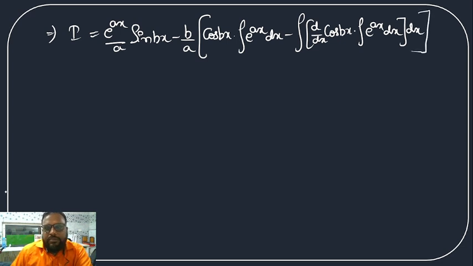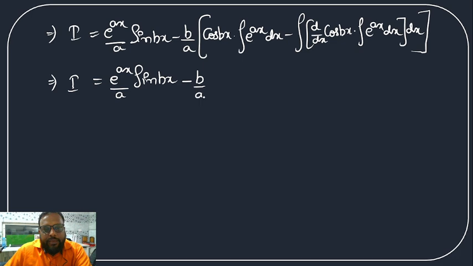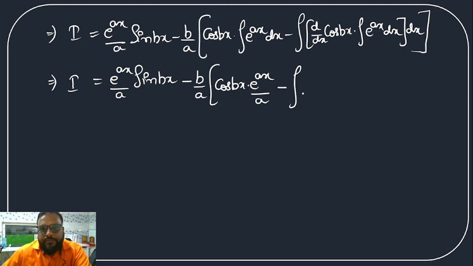This is what you are left with. So this part will be e to the power of ax by a sin bx. So I have I here minus b by a cos bx into e to the power of ax by a minus integration of, cos bx derivative is minus sin bx into b into again this integration e to the power of ax by a dx.